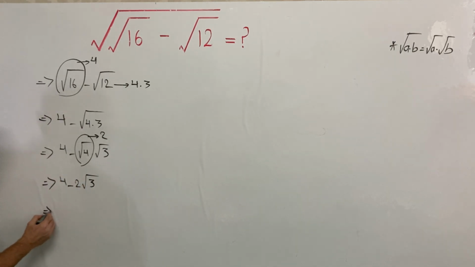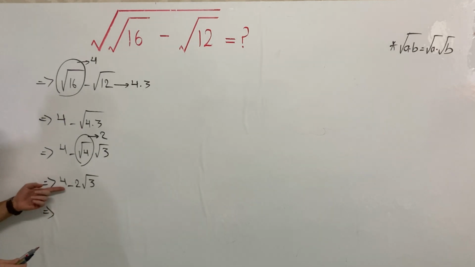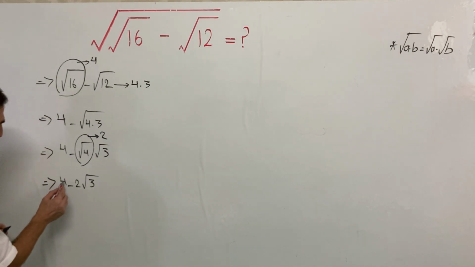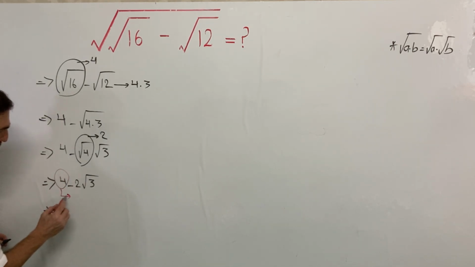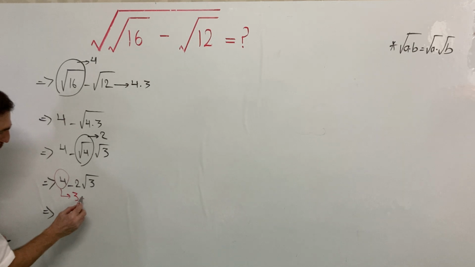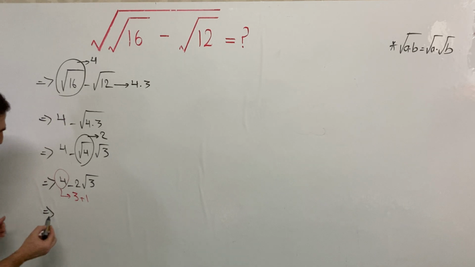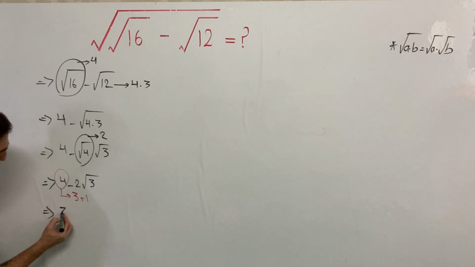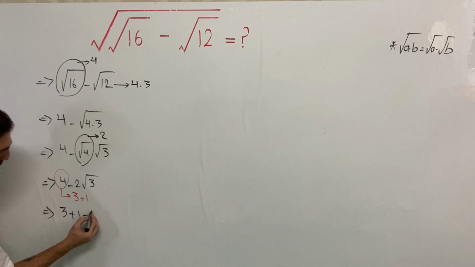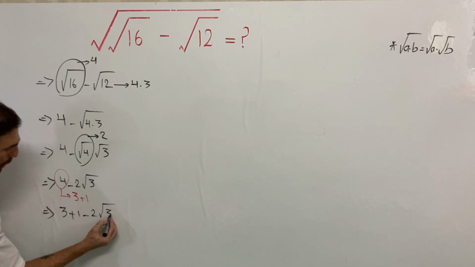But what is the next step? To continue the solution, I'm going to rewrite this 4 as the sum of two numbers, which means 1 and 3. This 4 can be written as the sum of 3 and 1. Let me write it here: 3 plus 1 minus 2 times the square root of 3.